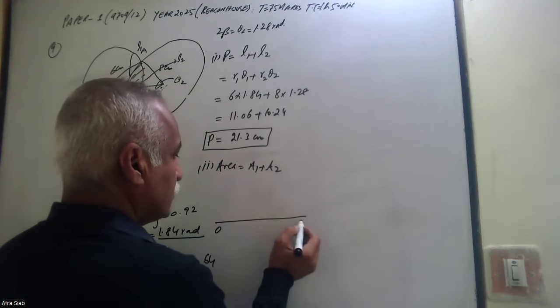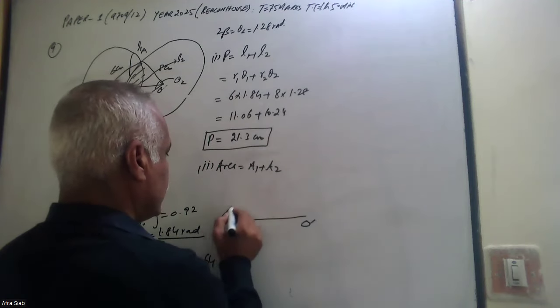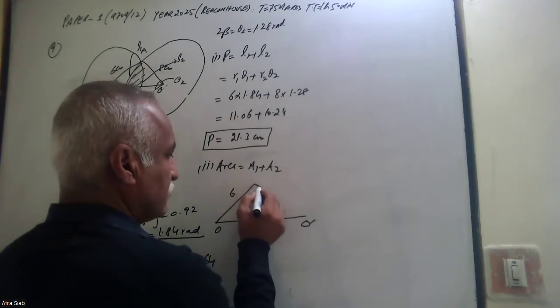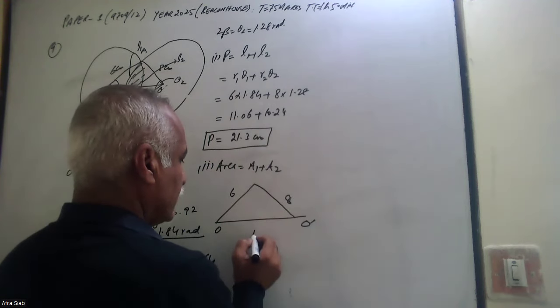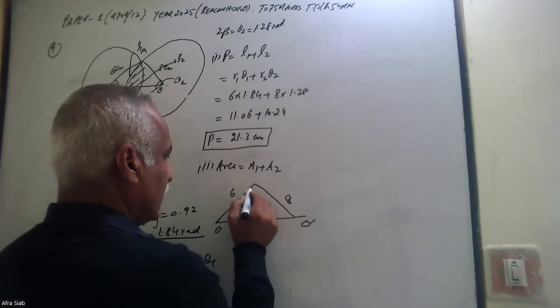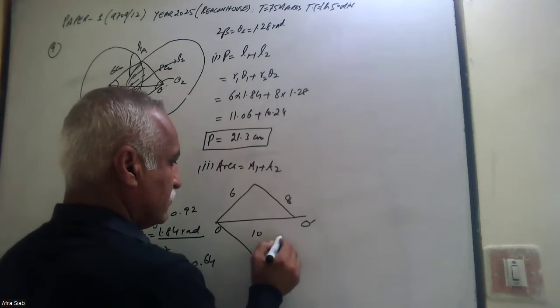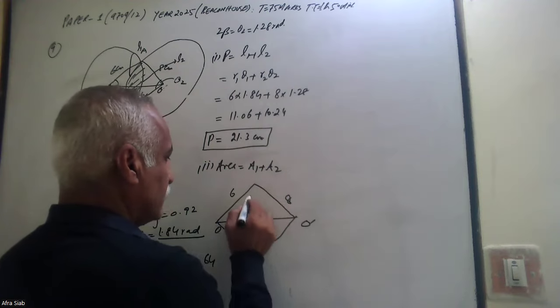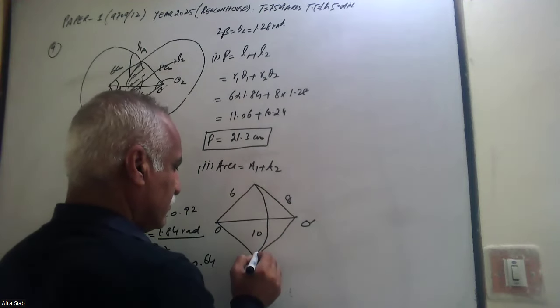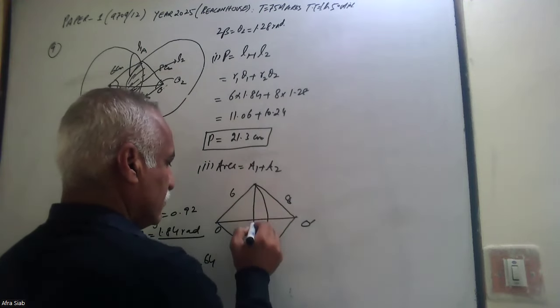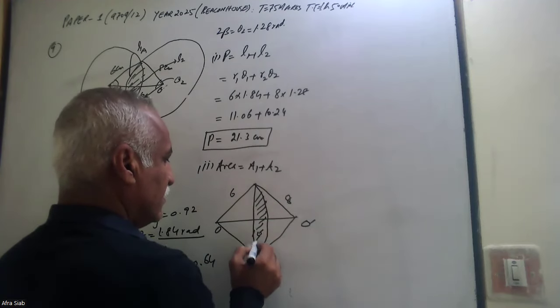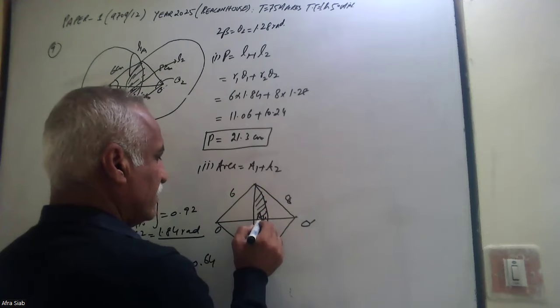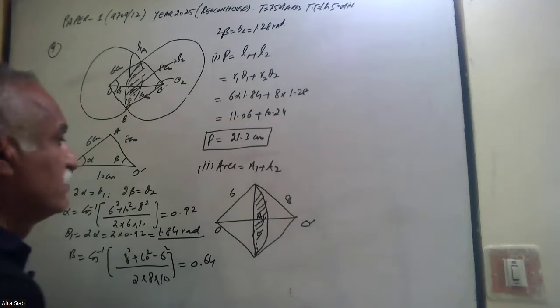It is O dash, this is 6, this is 8, this one is 10, and let's say this is A1 of this figure, which is half part of this shape.